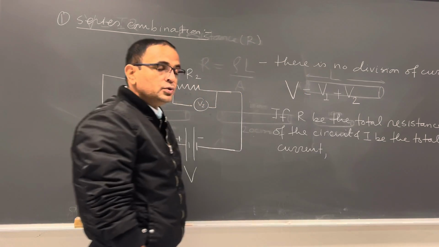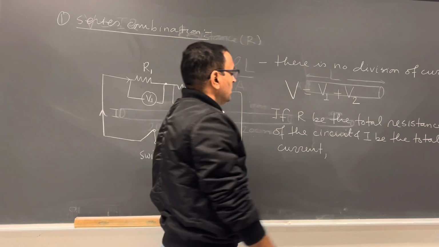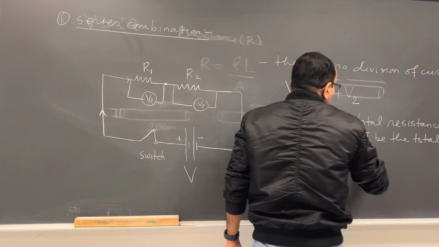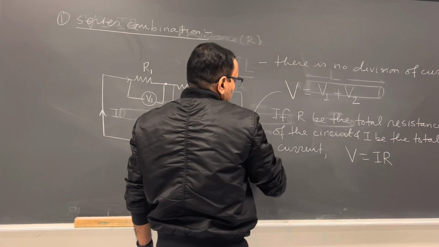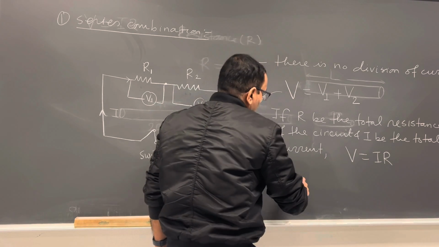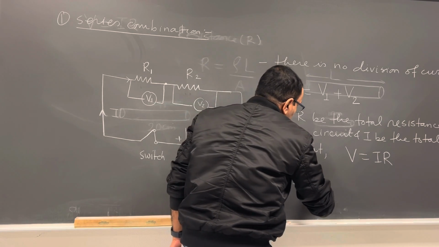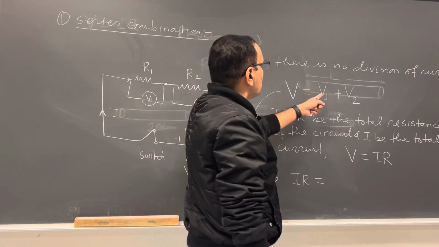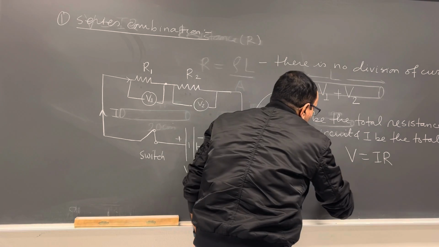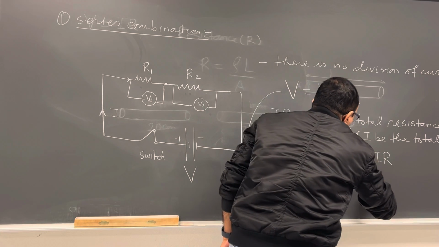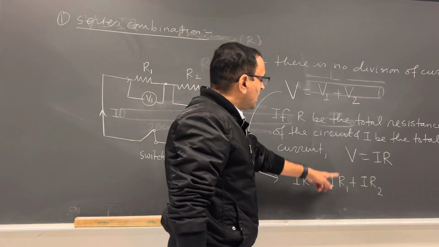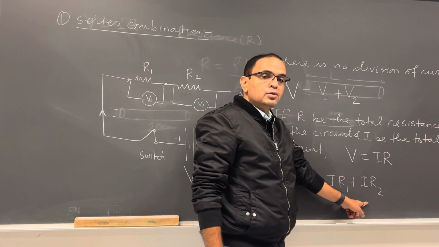then we can use Ohm's law. The potential difference V equals IR. So this equation becomes IR equal to IR1 plus IR2, since V1 is IR1 and V2 is IR2.